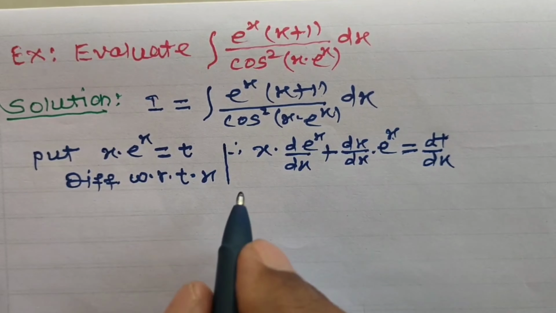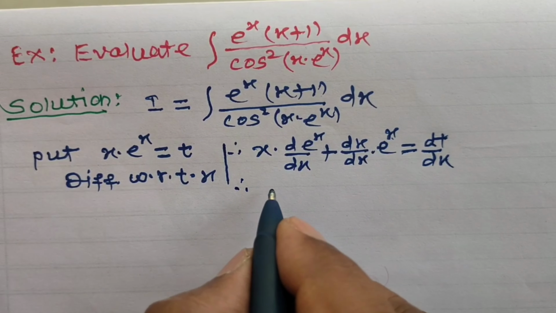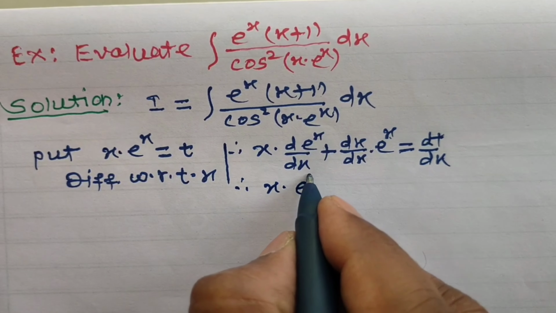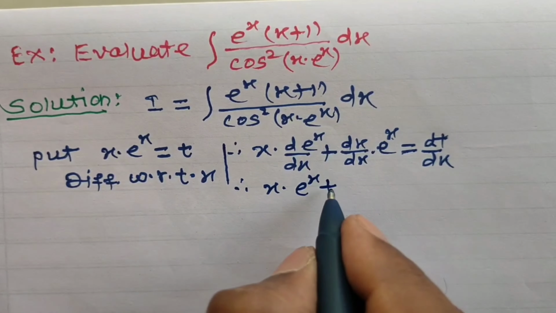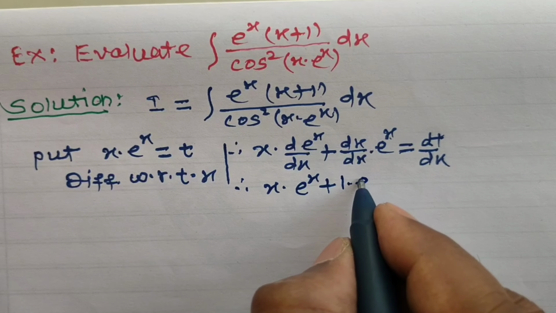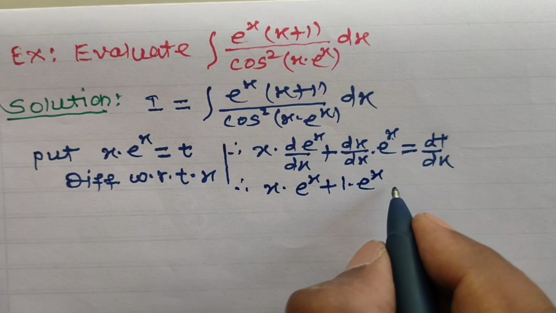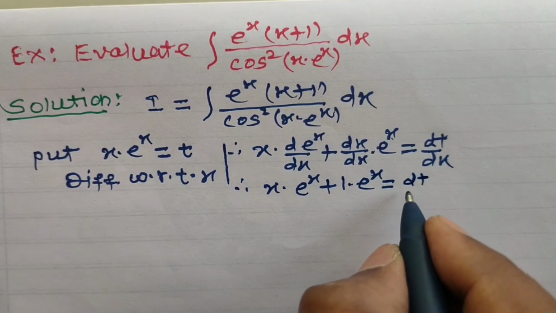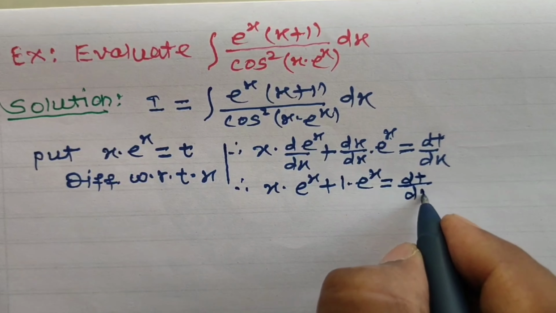Now simplify this. Hence x into derivative of e to the power x is e to the power x, plus derivative of x with respect to x is 1 into e to the power x, is equal to derivative of t with respect to x.